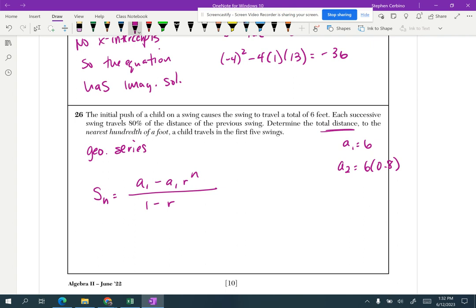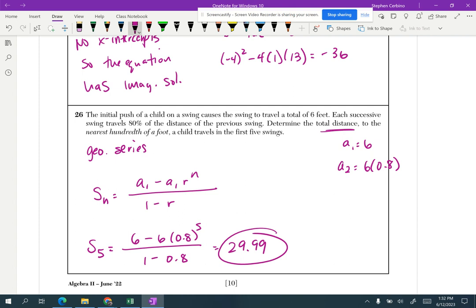It is 5 swings. So we're finding the sum of the 5 first terms. So we'd say the first term minus the first term times 0.8 to the fifth, all over 1 minus the first term. Type that into your calculator, and you get 29.99.